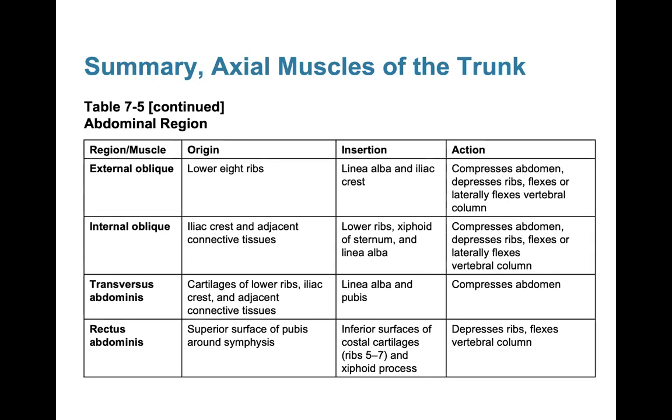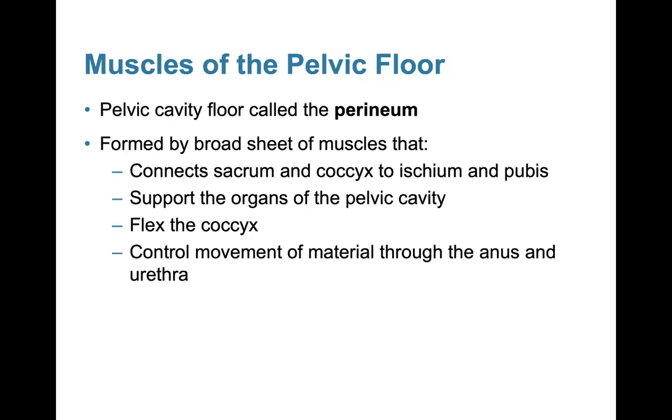The external oblique and the internal oblique are going to compress the abdomen, depress the ribs, flex and laterally flex the vertebral column. So they do the same thing, except one layer is external, one layer is internal. The transverse abdominis will compress the abdomen, and the rectus abdominis will depress the ribs and flex the vertebral column.